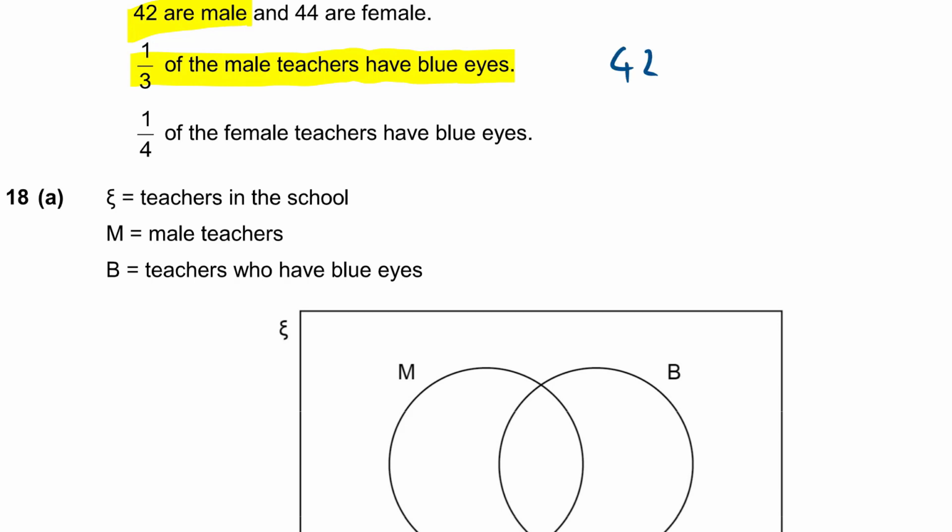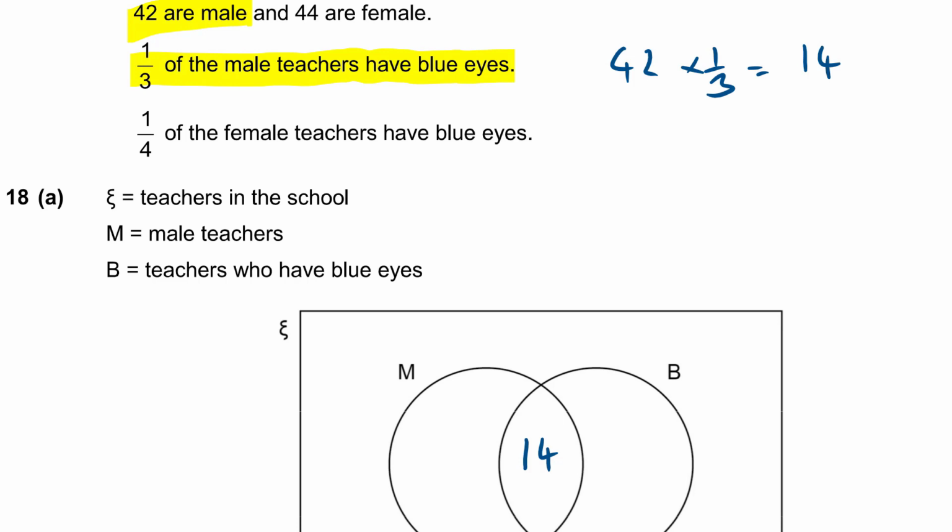So 42 times 1/3, or 42 divided by 3. 3 goes into 42 14 times. So there are going to be 14 male teachers with blue eyes. So the intersection between M and B is going to be 14.